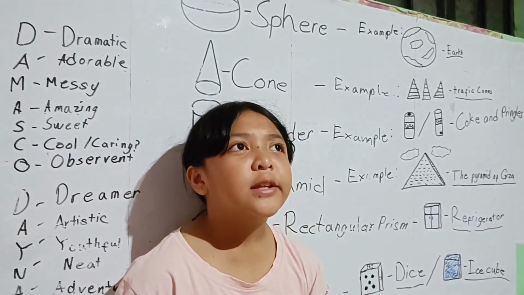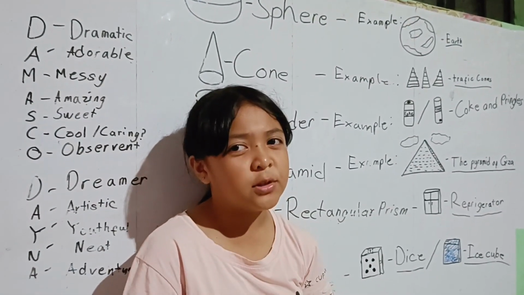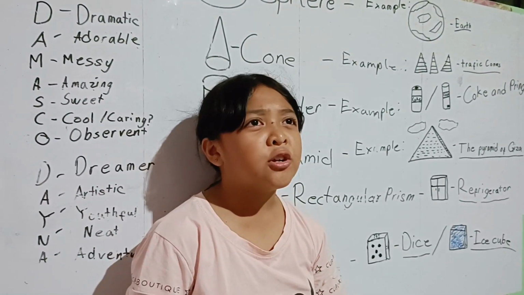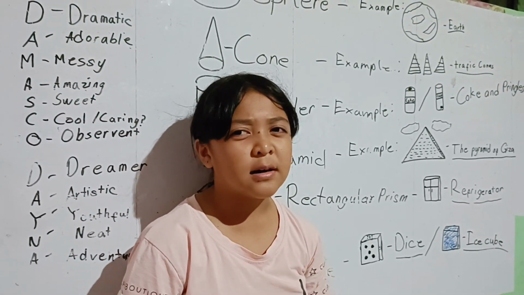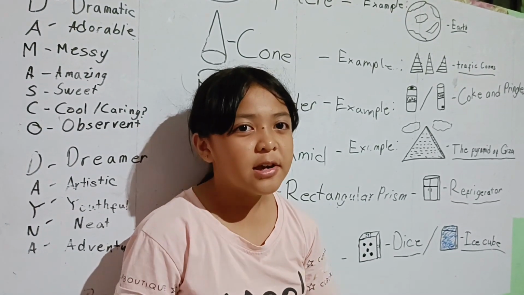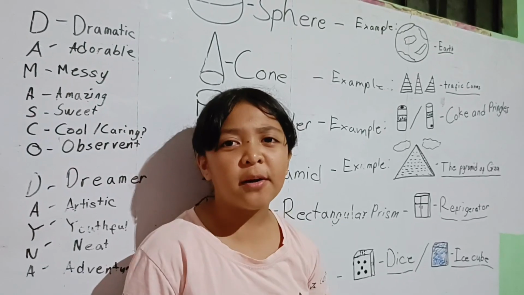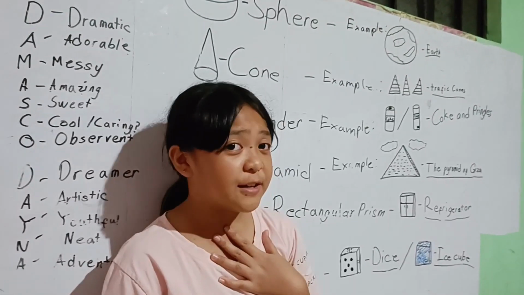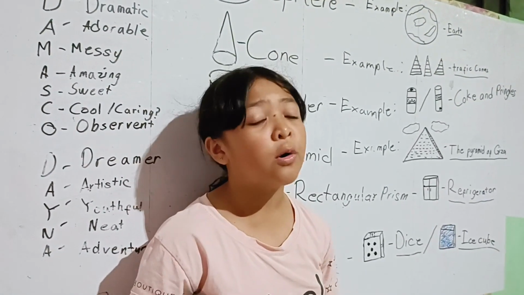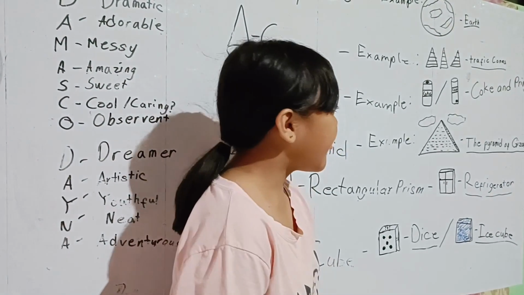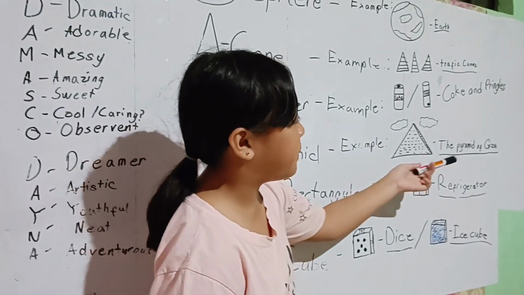The belief there is that when the pharaoh dies, they go to the god of the sun, and their soul goes to the sun. But in our beliefs, we believe in God, and our soul goes to God, not the sun. Here we have the Pyramid of Giza.